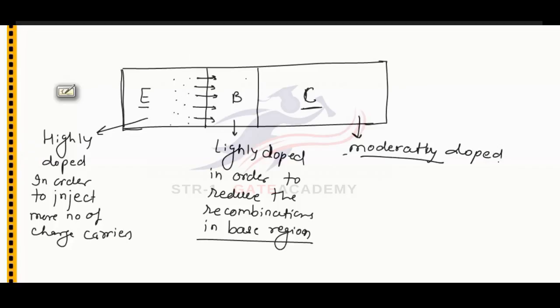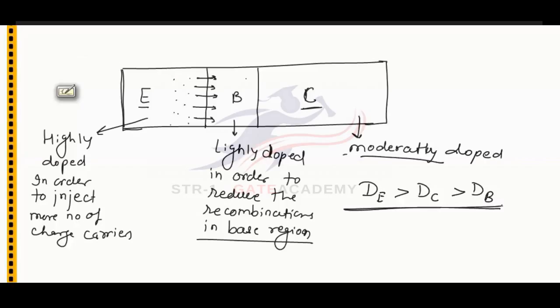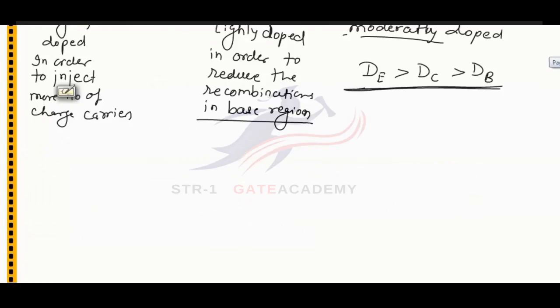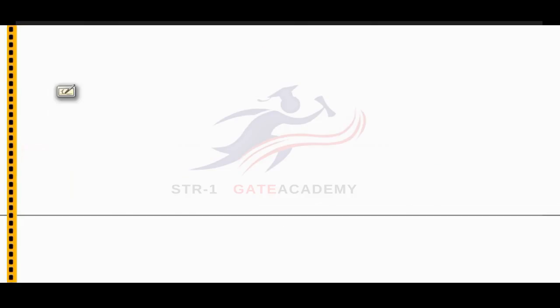If these are the doping of the three regions, we can say that doping of the emitter is greater than doping of the collector, and doping of the collector is greater than doping of the base. This is the range of doping for these three regions in the transistor. Now we will discuss the areas of the three regions.